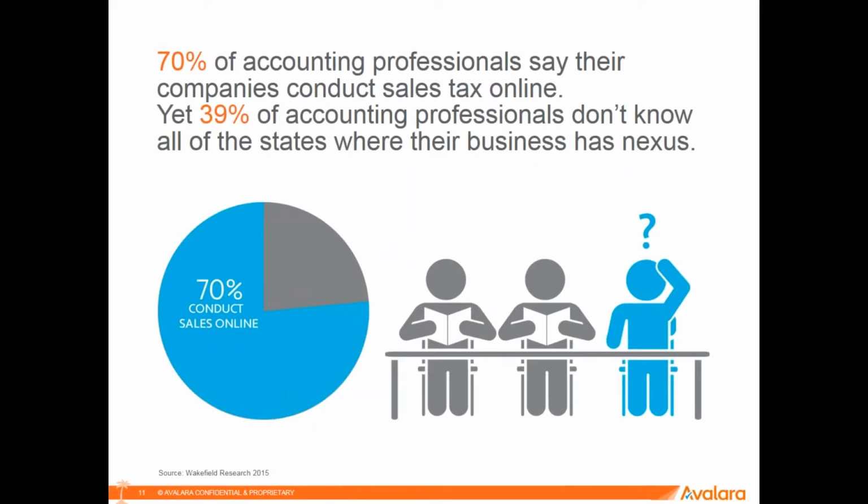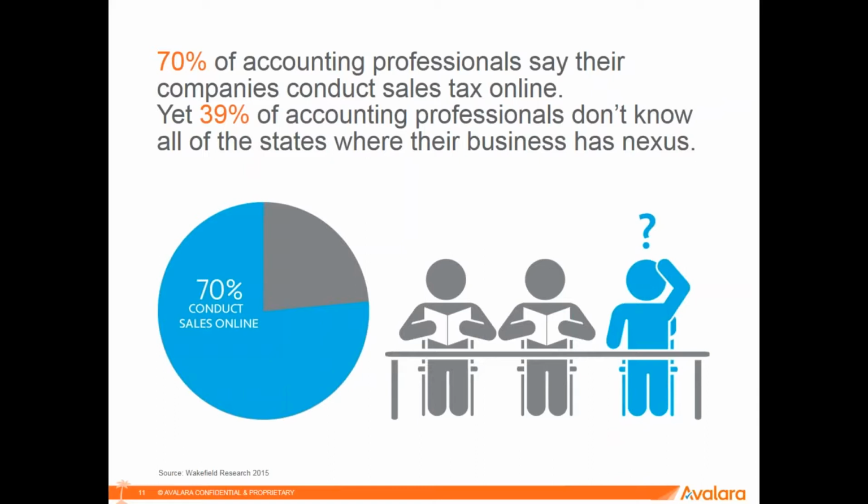So that kind of brings me to what we were talking about just a second ago in terms of how our system works with nexus. I don't know if this is something that you deal with every day, but I talk to customers of all different sizes and shapes and products, and some have internal accounting professionals, others have outside accounting professionals, and many of them don't know exactly where their nexus is today.